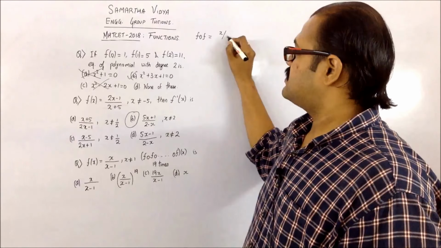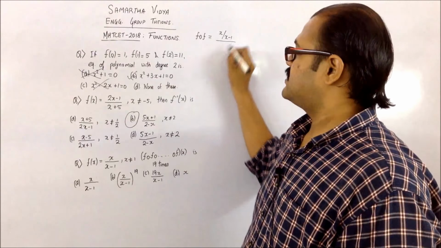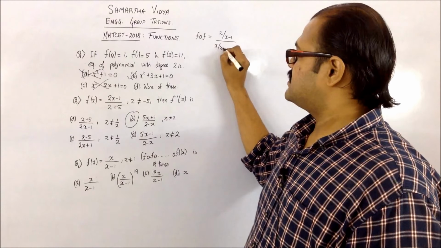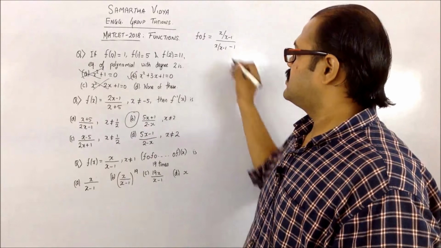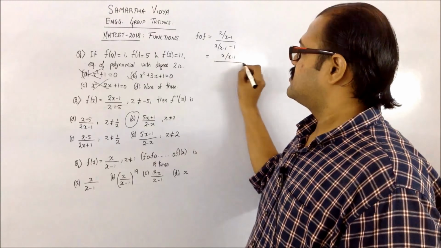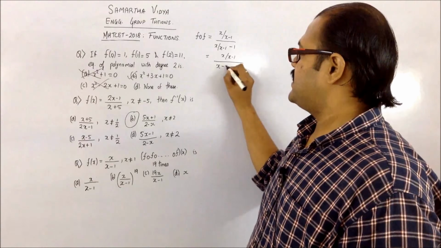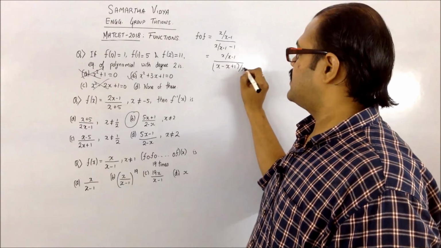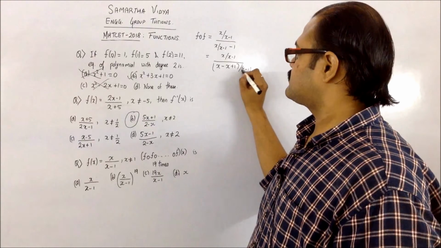So that becomes x upon x minus 1 divided by, here x is present, so that becomes x upon x minus 1 minus 1. Simplifying the denominator part, you will be having x minus x plus 1, this whole thing divided by x minus 1.